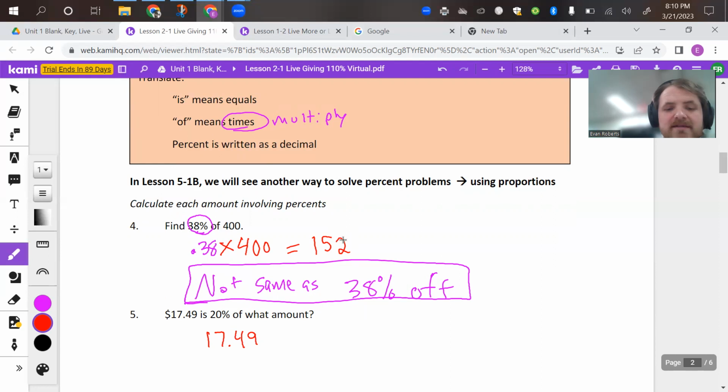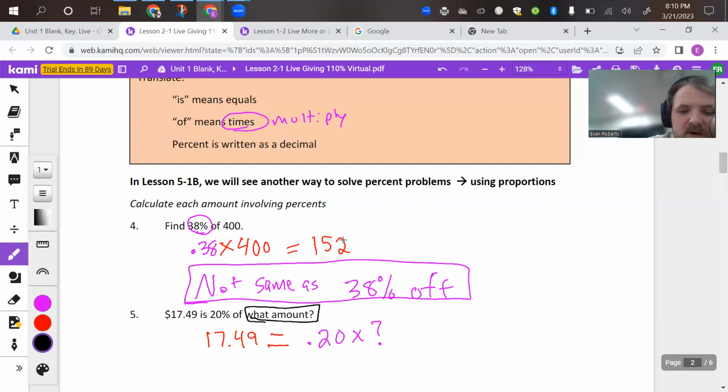So 17.49 equals 20%, so 0.2 or 0.20 of something. Okay, so again, X can get confusing here because X is usually known as that missing variable. For today, I'm just going to use the question mark for what amount. Again, the question mark represents the what amount.